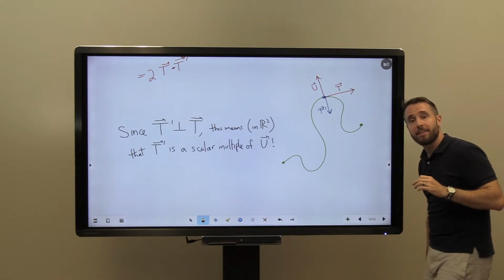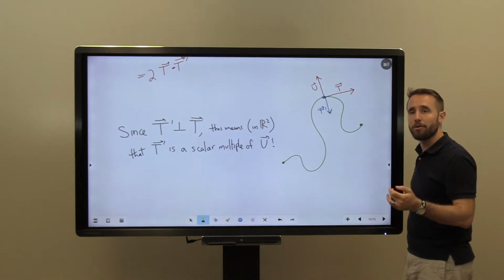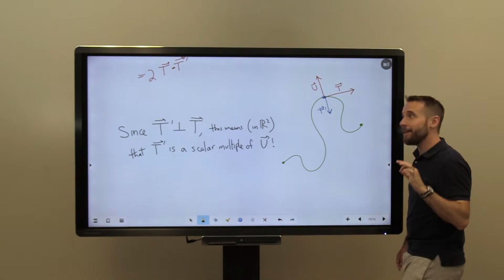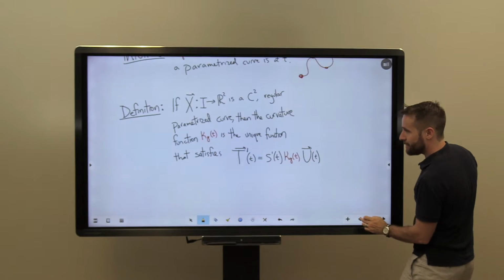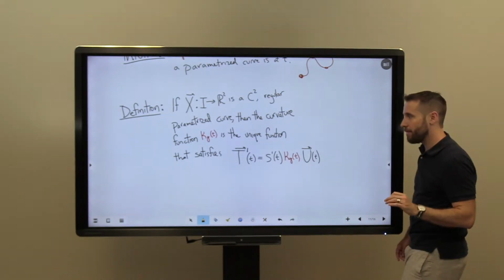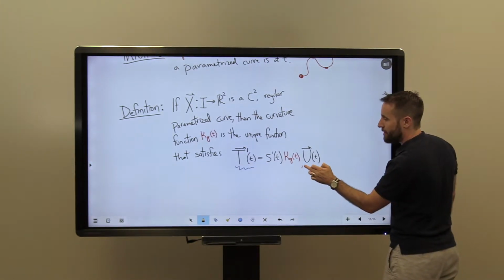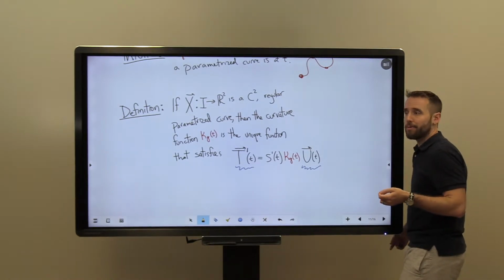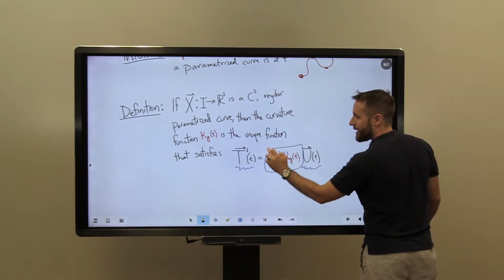So it turns out that that is actually enough for us to get not only existence, but also uniqueness of the curvature function. And here's why, right? If t prime is a scalar multiple of u, then this piece is a scalar multiple of this piece, and the scalar that we need to multiply by can be determined just using s prime and kappa.